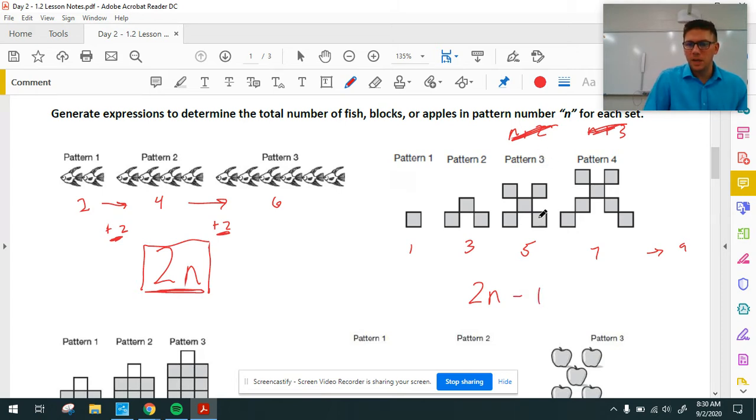You double 3, you get 6, 1 less. You double 2, you get 4, 1 less. So that's one way of seeing it. And notice once again, a constant value is being added from one to the next. That plus 2 told us that it was linear, so it's 2n there.